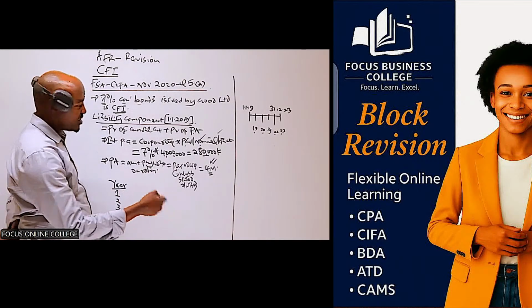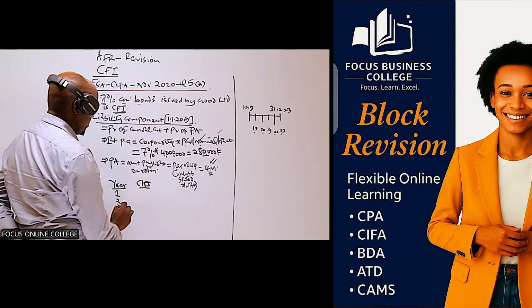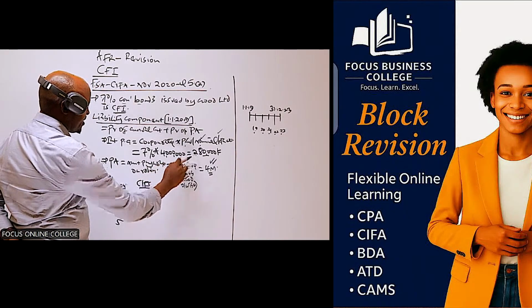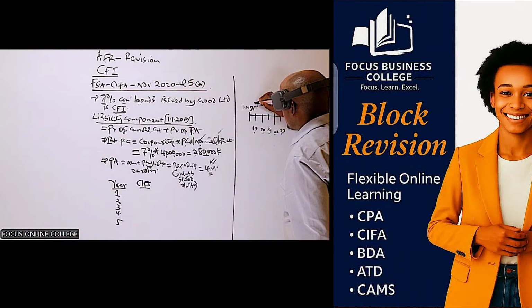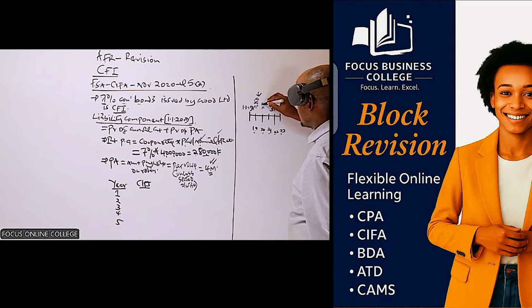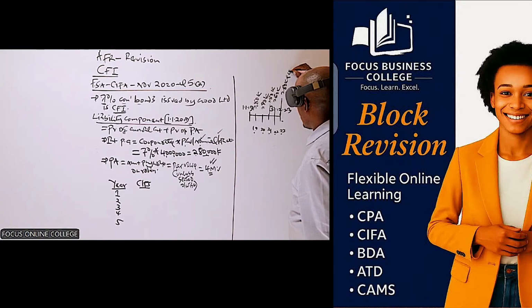Cash flows is basically what our company will pay. In each year, at the end of the year, our company will be paying interest of 280,000. But at the end of year 5, the company will pay 280,000 plus the company will have to redeem the bonds by paying back 4 million.